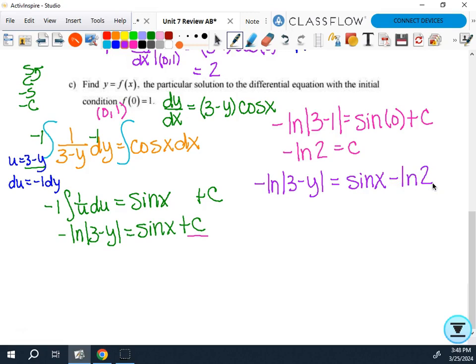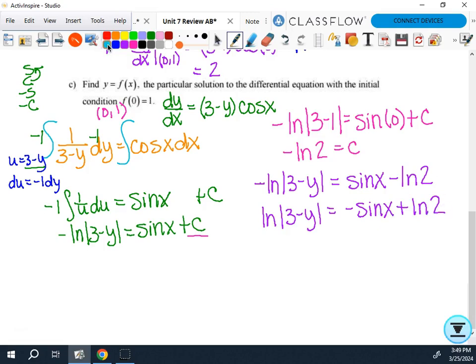All right, so now that I have this, I've got to get my y out of the natural log, but I think before I do that, I would like to get rid of that negative sign so I don't have to worry about this guy right here. When I multiply everything through by a negative, I get the natural log of the absolute value of 3 minus y equals negative sine of x plus the natural log of 2.